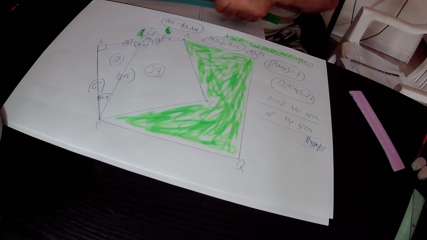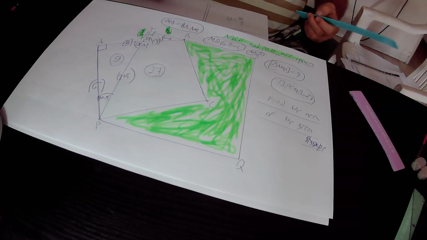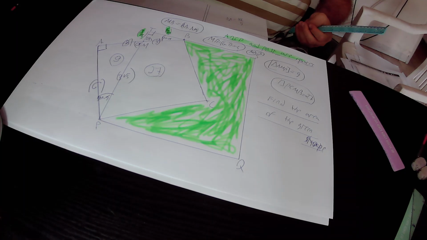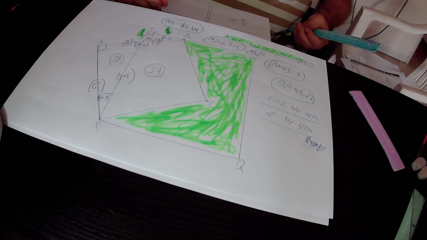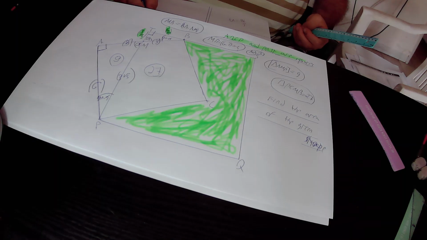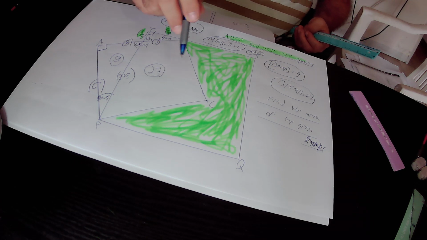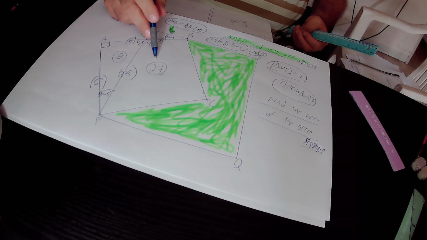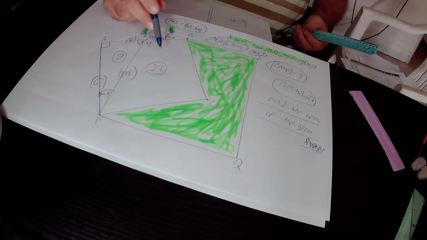So write it down. The area of this green shape in total equals the area of the big square TSQP minus the area of this quadrilateral MBCP. This equals 27 square units in its size according to what is given in the question.